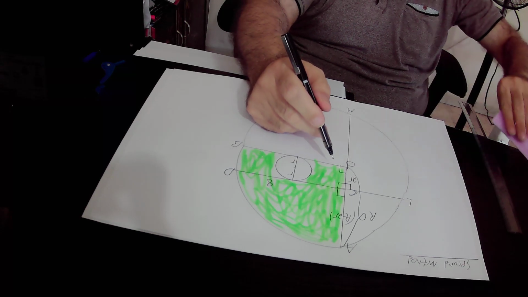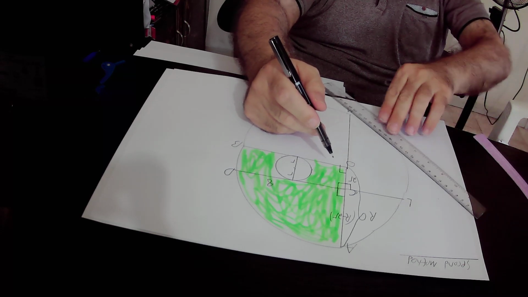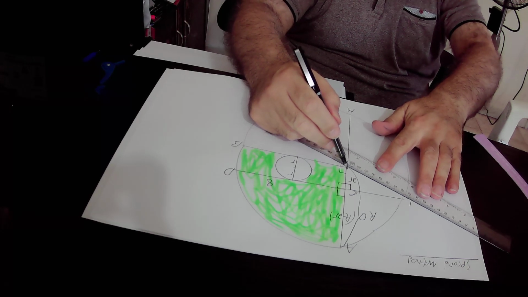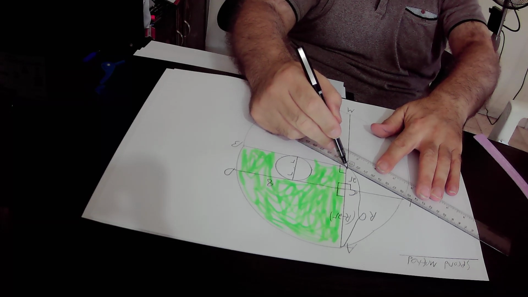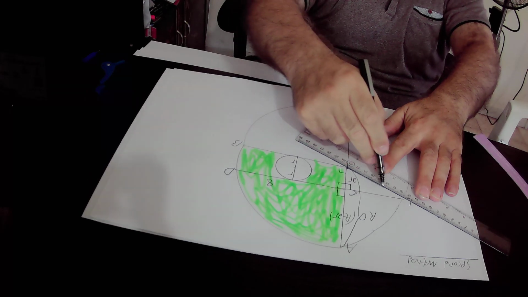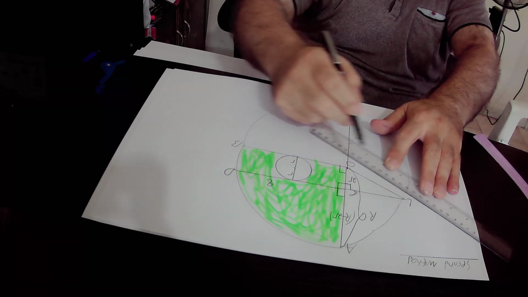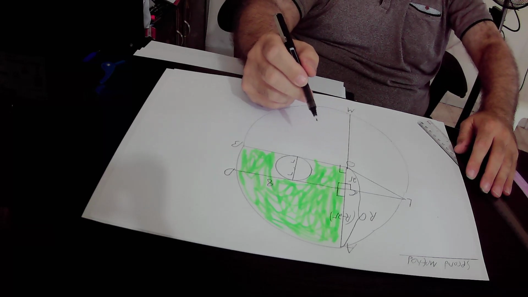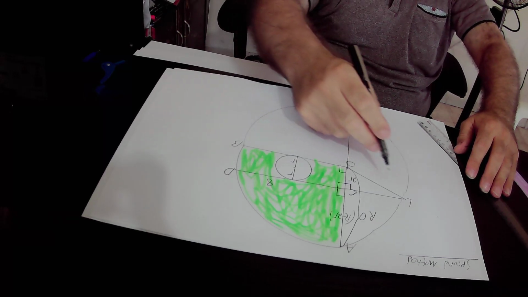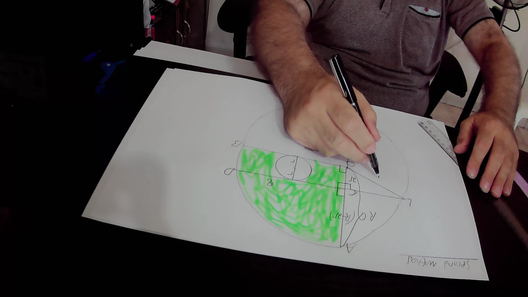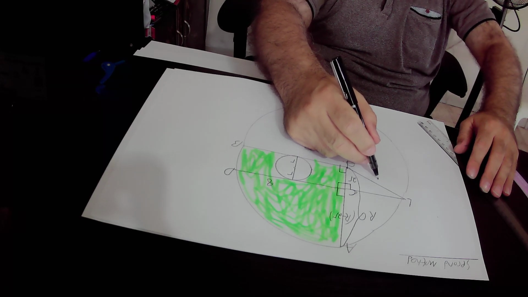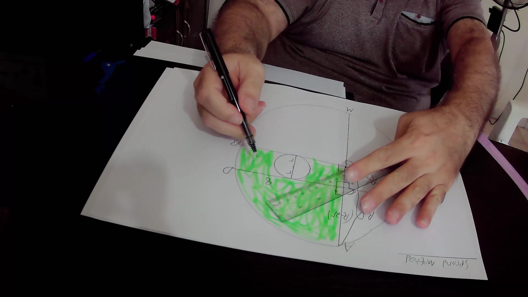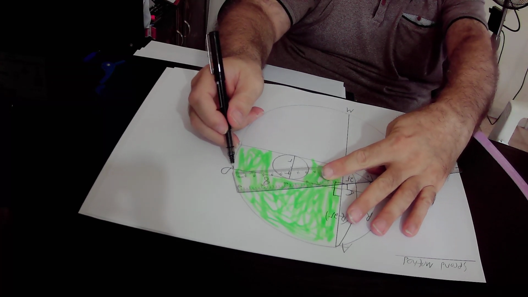Okay, in the next step, we will join points N, L, and O together by a straight line. Point O is the center of the circle, point L is on the circle itself, therefore LO is the radius of the circle that is equal to capital R. We join points L and D together by a straight line.